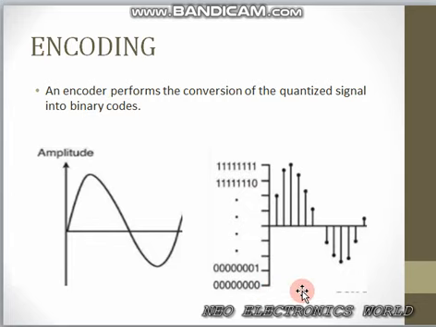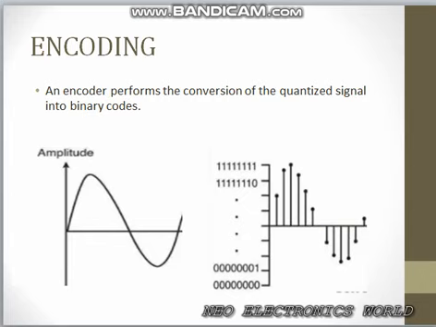So we will be converting each voltage level into a particular binary form, so that it will be easy to represent. And in digital systems, digital networks, in order to transmit in digital form, we have to use binary codes.